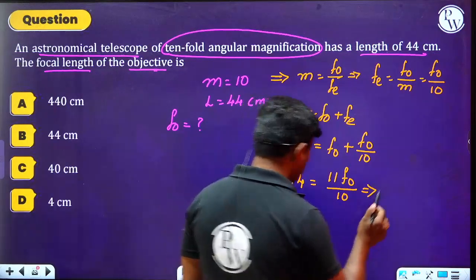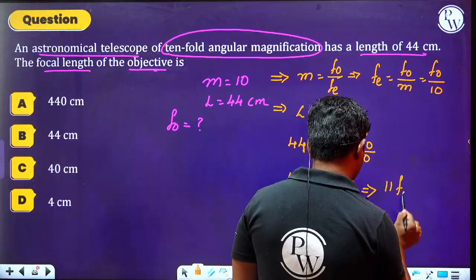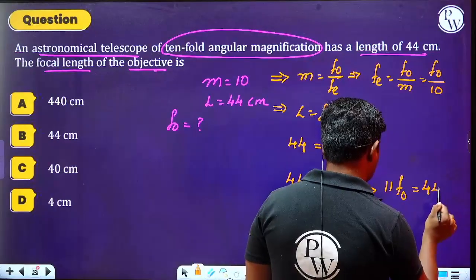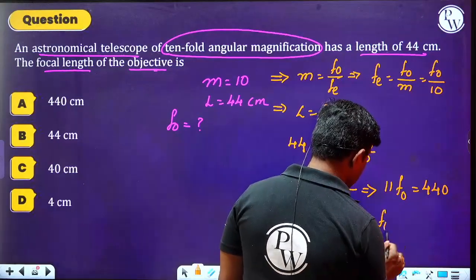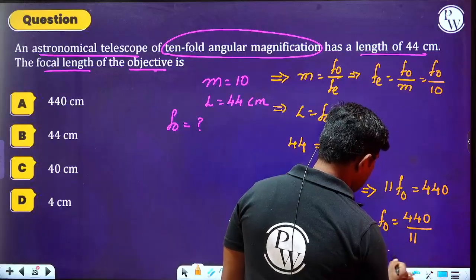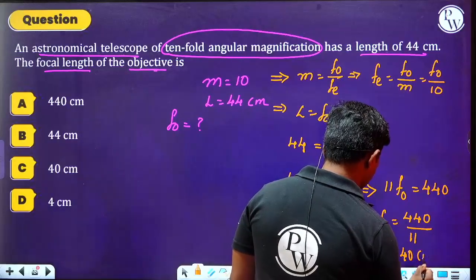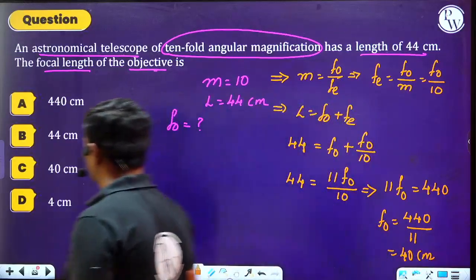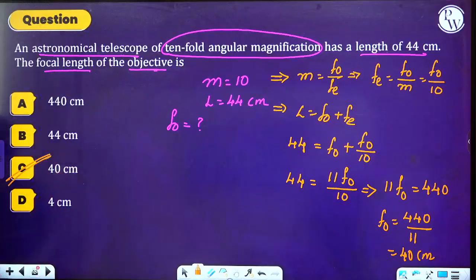So please do simplification here. 11 FO is equal to 440. Therefore, FO becomes equal to 440 divided by 11. So you will get the answer as 40 centimeter. Hence, we can select option C as the right answer. Is it clear? I hope you understood this question clearly.